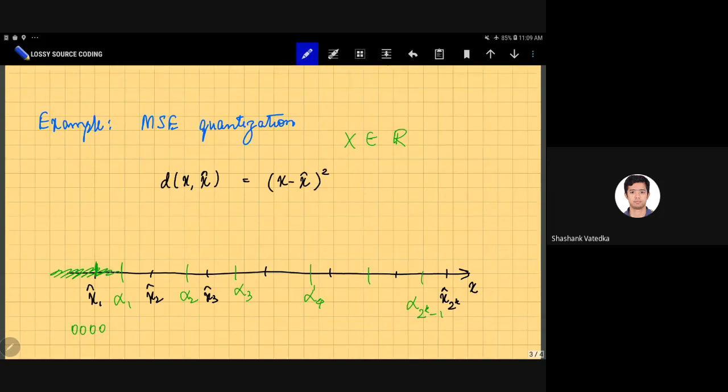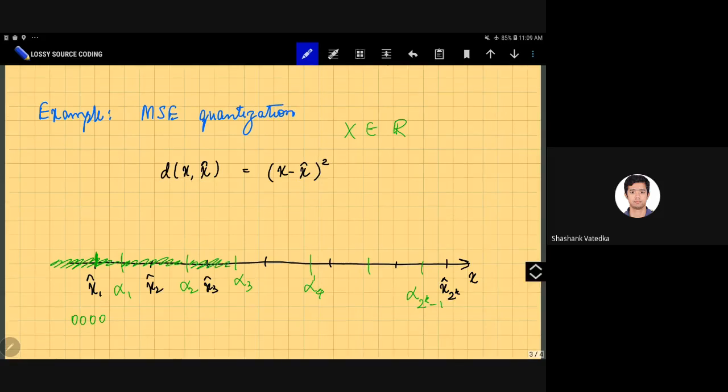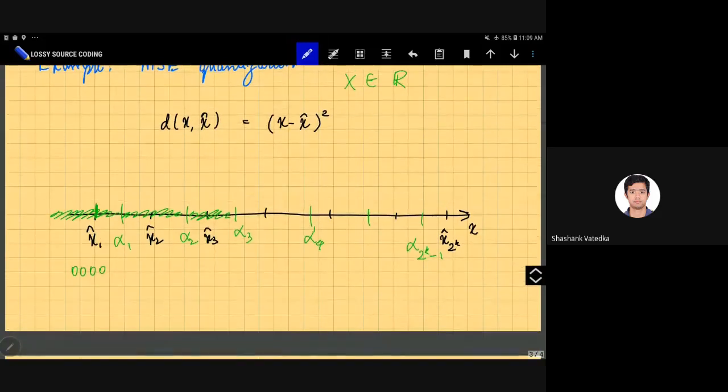Basically everything from minus infinity to alpha 1 is going to get mapped to x1 hat. Similarly, everything between alpha 1 and alpha 2 is going to get mapped to x2 hat. Everything from alpha 2 to alpha 3 gets mapped to x3 hat, and so on. Right? So that's the most natural form of quantizer that we can think of.